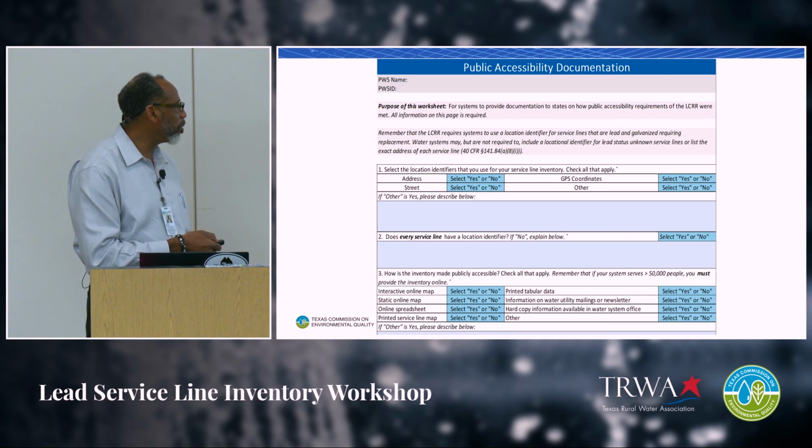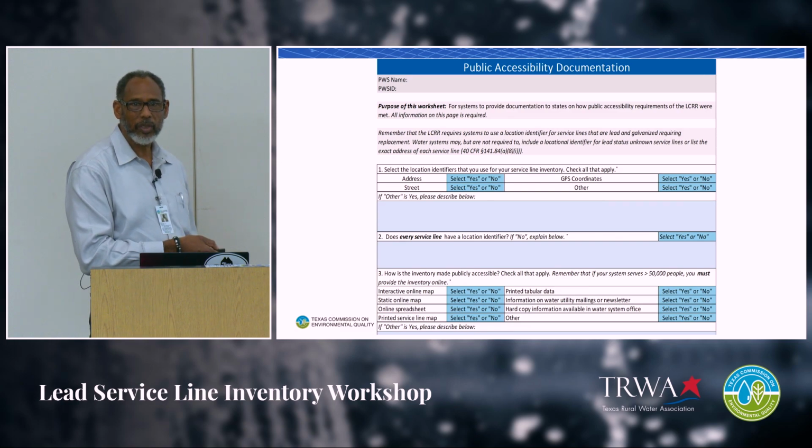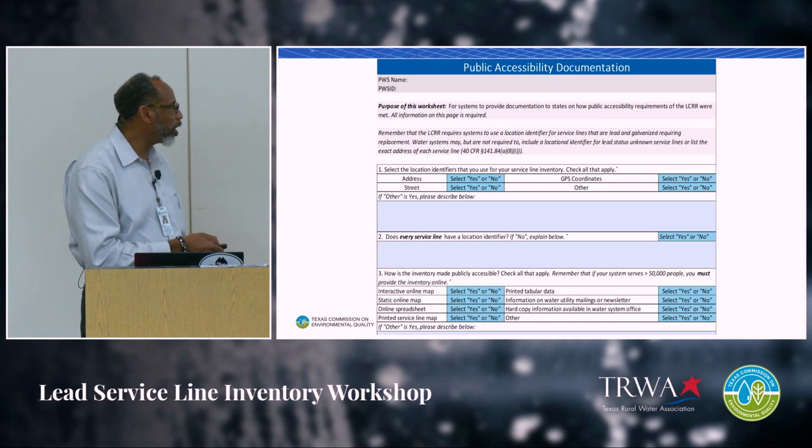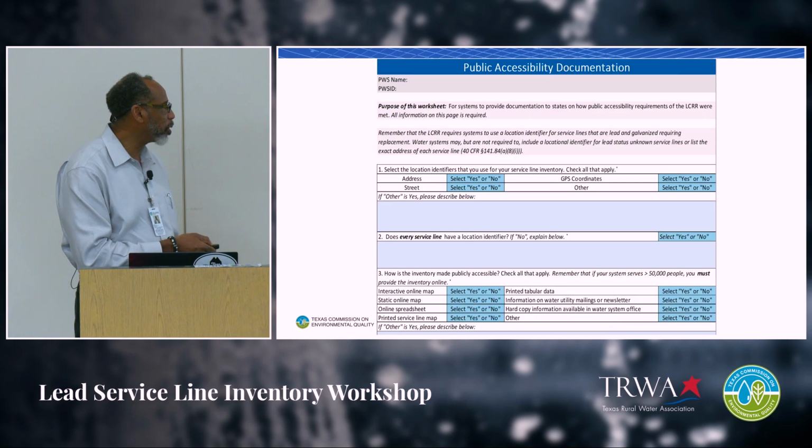If for some reason some service line does not, then you explain in this light blue section why not. How is the inventory made publicly accessible? Check all that apply. So you're not limited to one answer here. You can check all that apply. Remember, if you have greater than 50,000 population, then you must provide the inventory online.